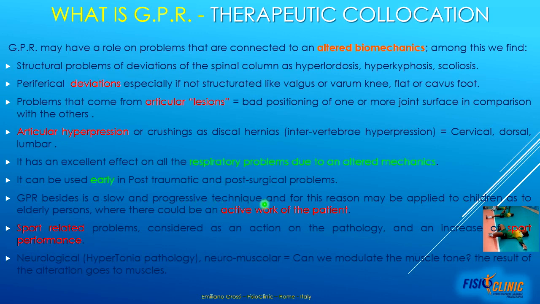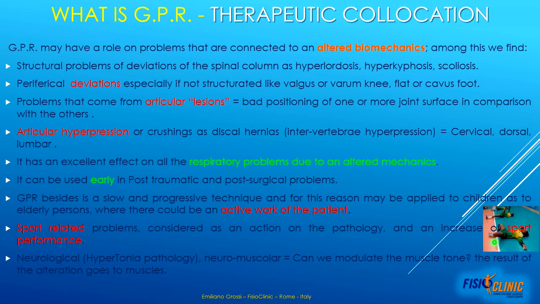RPG also has a role in sport-related problems, which must be considered as an action on pathology related to sport, but also as an increase of sport performance. For example, the national female volleyball team of Brazil is treated constantly with RPG. The male soccer national team also.